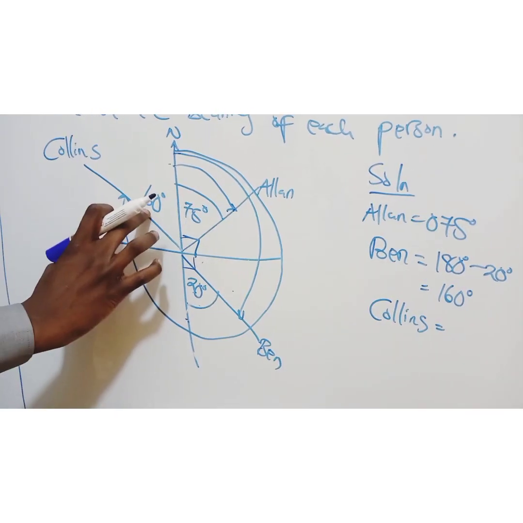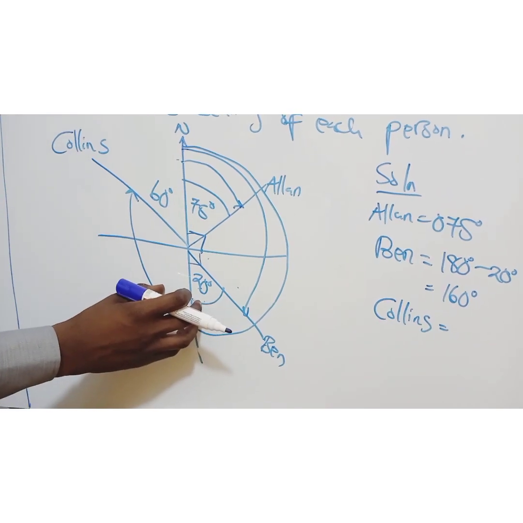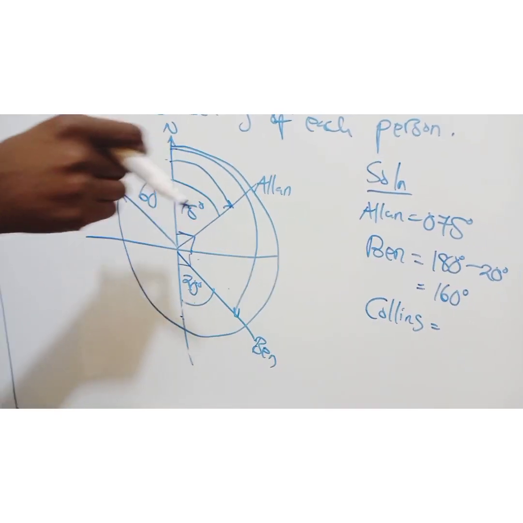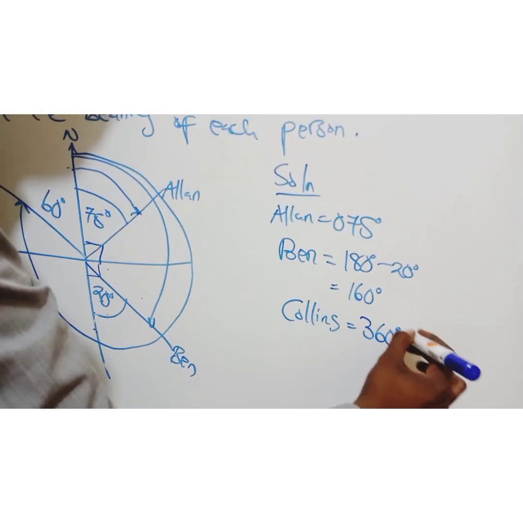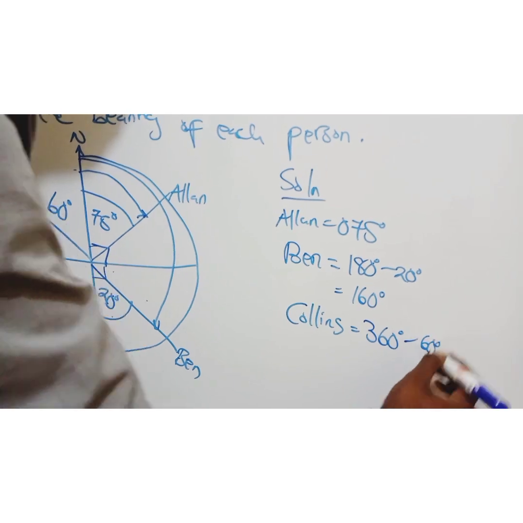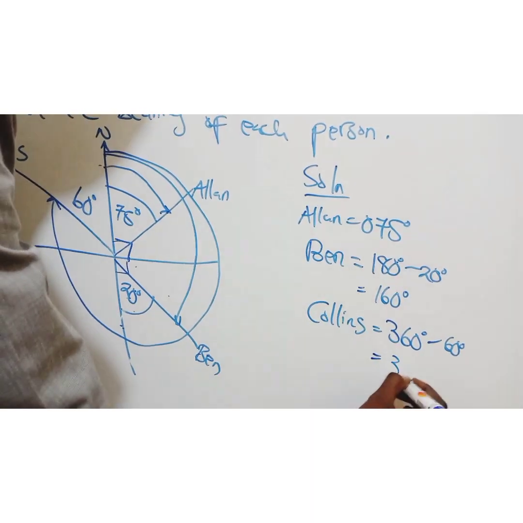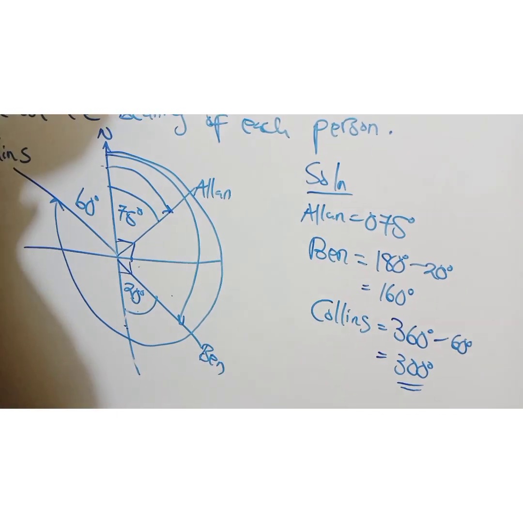If you check, this 60 is not part of the bearing. So if it's not part, you subtract. If it's part, you add. So here we have 360 minus 60. Why minus 60? It's not part of the bearing. So this will give you 300 degrees. Let's move on to another example.